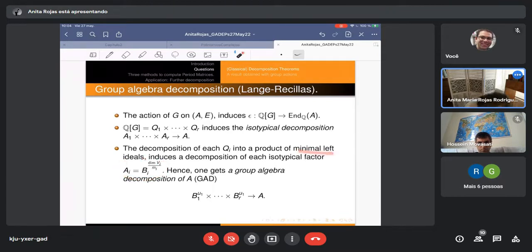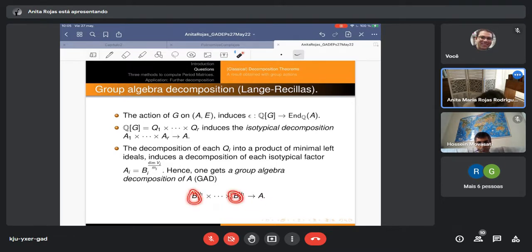You have several minimal left ideal decompositions for each simple algebra, but each one induces a decomposition of the abelian variety, and this is as far as you can get when we are using group actions.